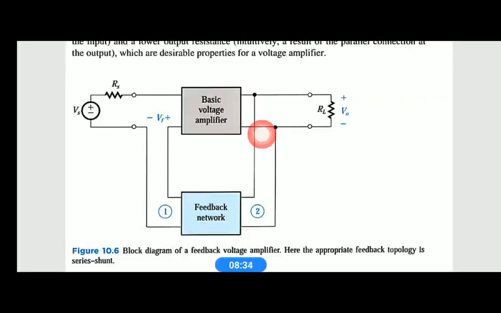To verify the negative feedback network, note that if the input source voltage or current is increased, the feedback voltage or current must also increase.